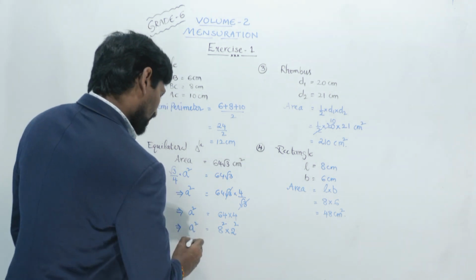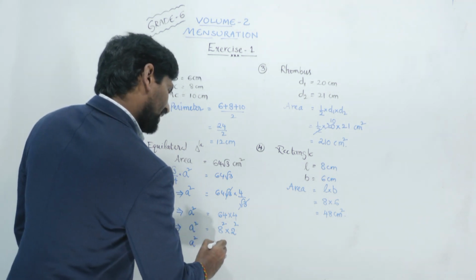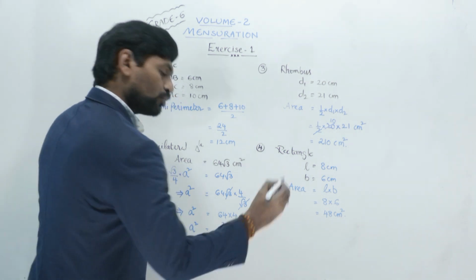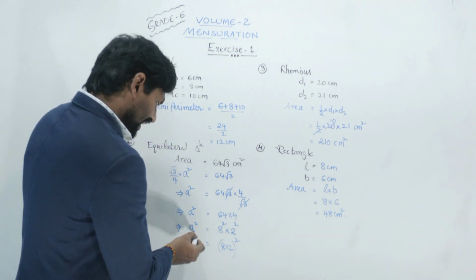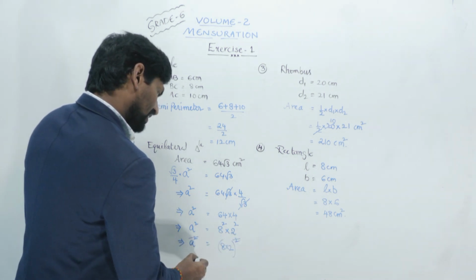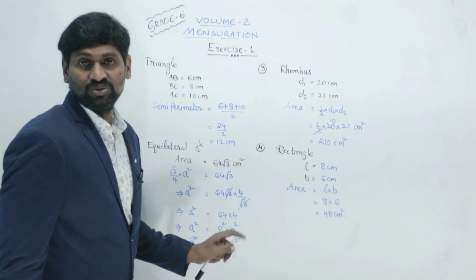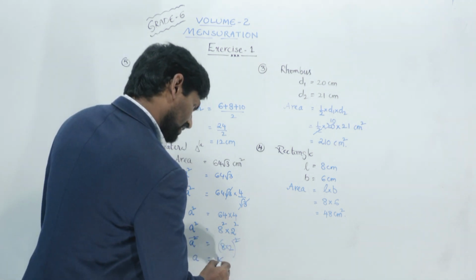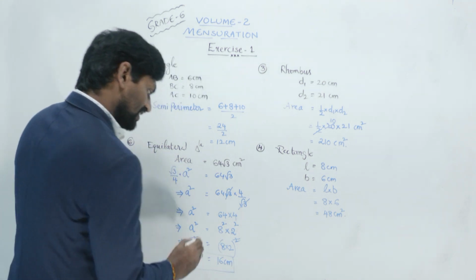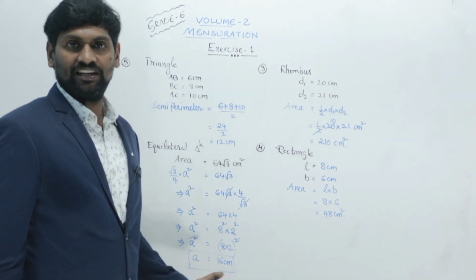According to the laws of exponents, I can write 8 into 2 whole square. Now cancel the squares on both sides. What remains is 8 into 2, 16 centimeters. This is the length of the side of the equilateral triangle.